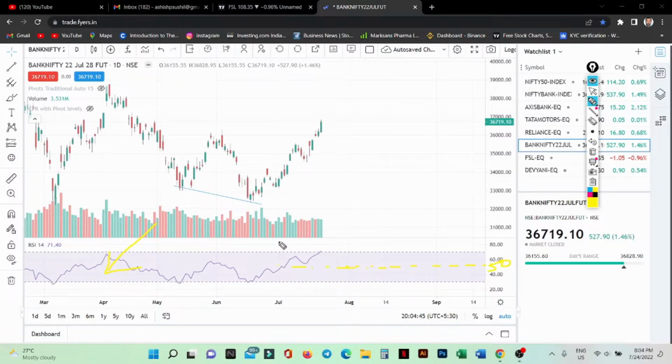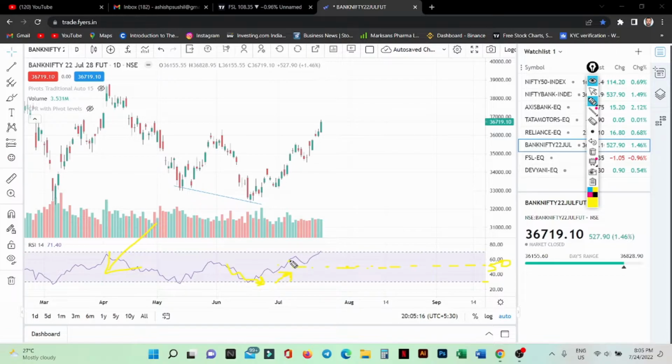So if this line goes below 30, this indicates that the market has been oversold and there's a potential possibility of trend reversal, or the market can turn bullish. That's one possibility.